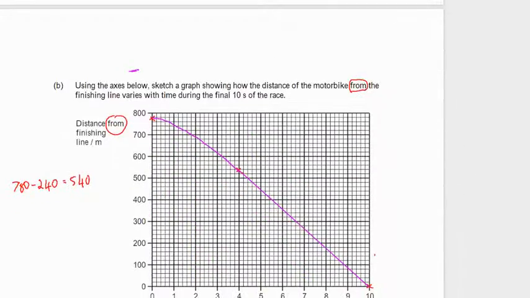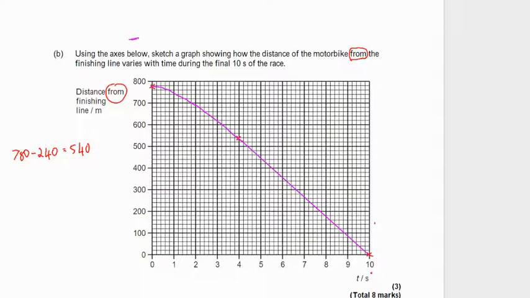Now, part B. The key idea here is that it's very easy to get muddled up with the words. Initially, when I read this, I did get muddled up, and I was inclined to think the graph should start off at 0 and then go to 10 seconds.